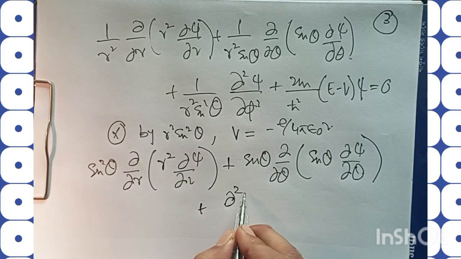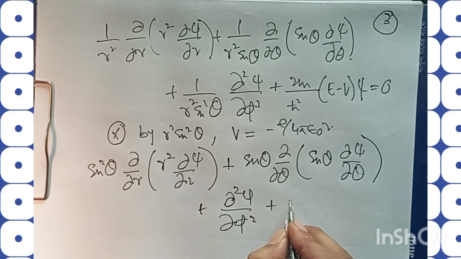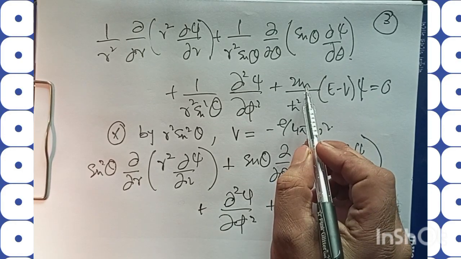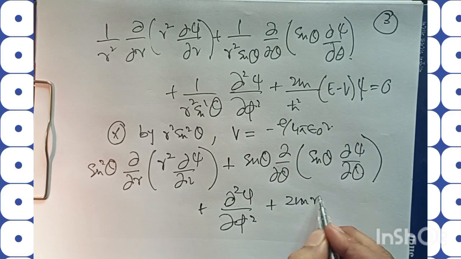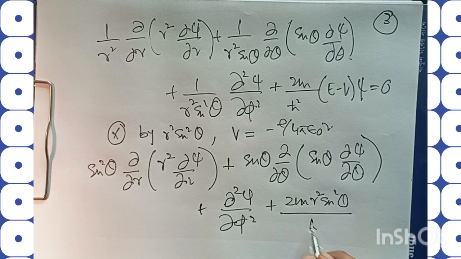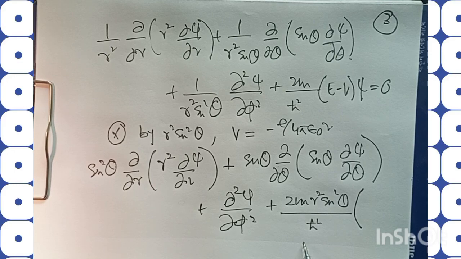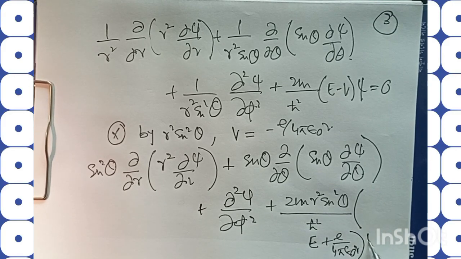What we'll be left with is dou 2 psi by dou phi 2 alone, then we will have 2m. All we have to do is multiply this with 2m r square sin square theta divided by h cross square. And inside the bracket we will have E, and for V it will become plus e square by 4 pi epsilon naught r, and close this and multiply with psi, and this is equal to 0.